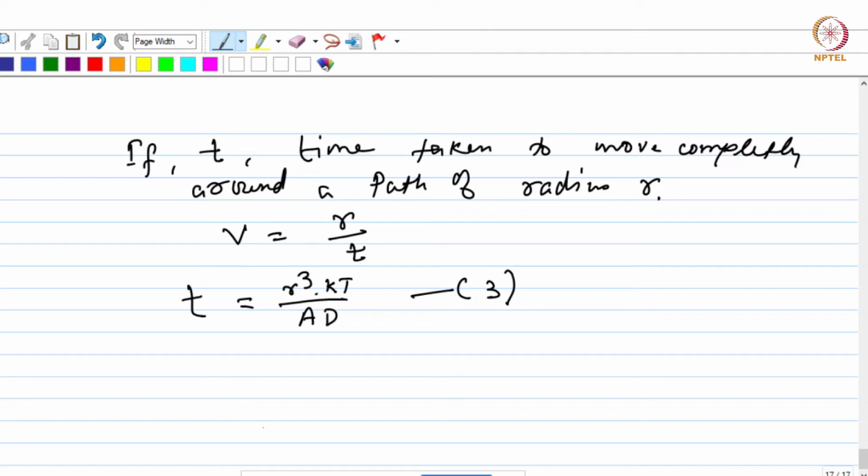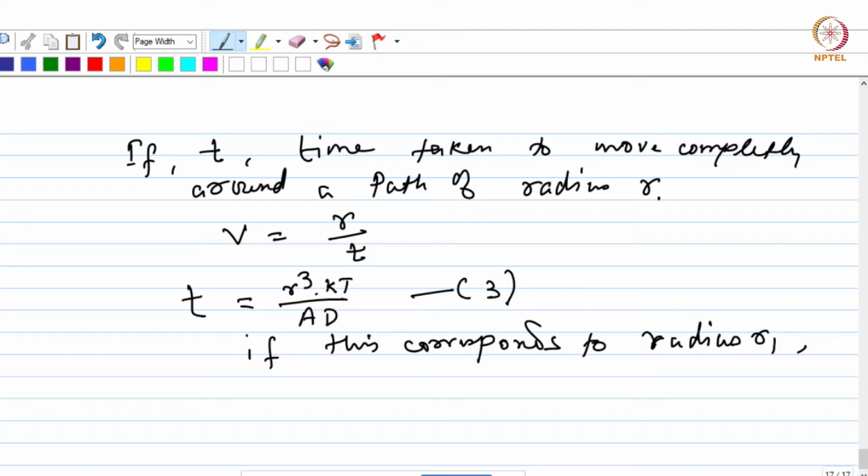So if this time corresponds to a flow line of radius r1, then we can say that by this time all solute atoms lying within the circle of radius r1 should have moved up to the region under the dislocation, right?